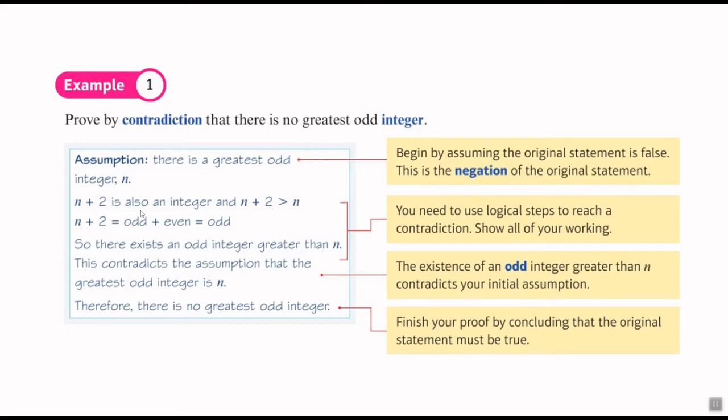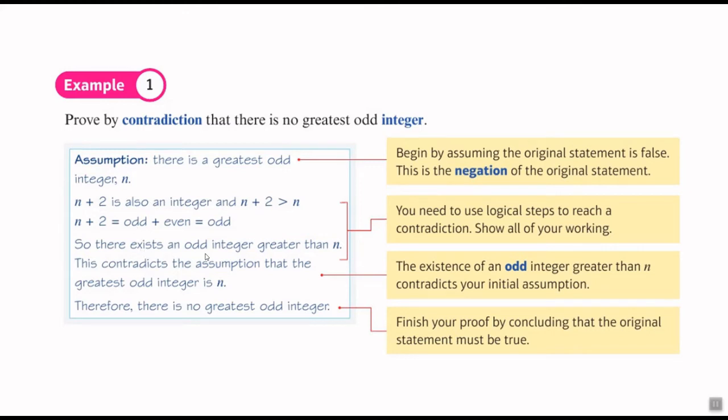You can see this n is odd, 2 is even, and odd plus even is an odd number. You need to use logical steps to reach a contradiction, and show your working clearly.